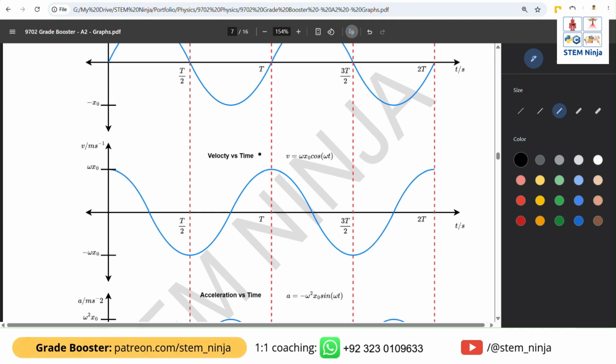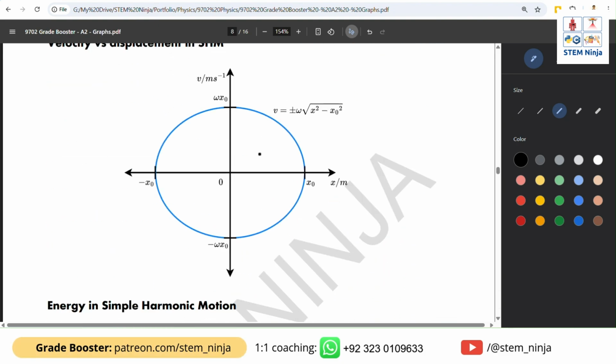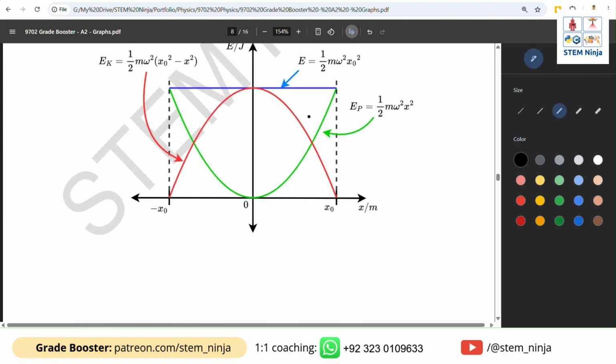Secondly, the kinetic energy graph. The kinetic energy graph is the red one over here. This can tell us the mass. When it is at the maximum displacement, kinetic energy is zero. But when it is at equilibrium, the mean position, x is zero.